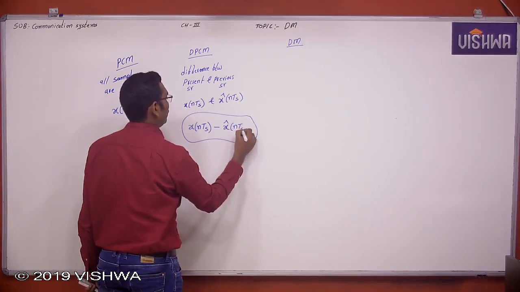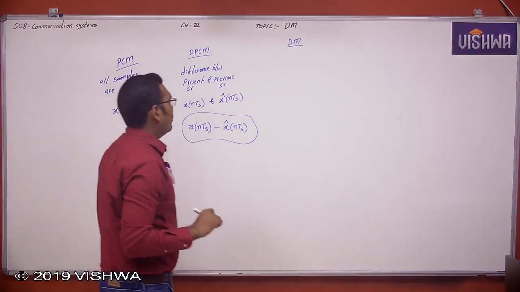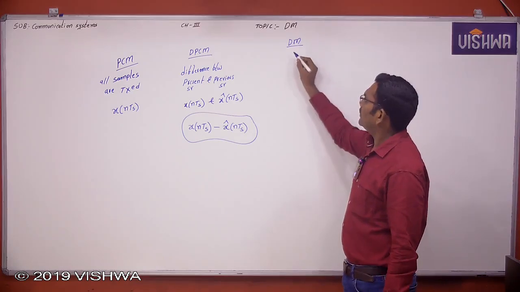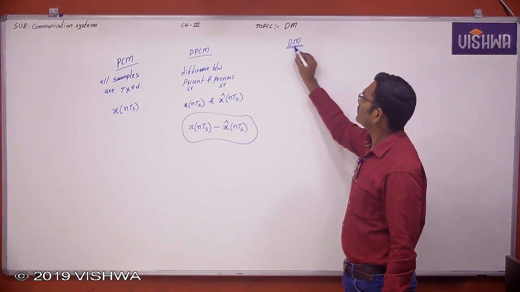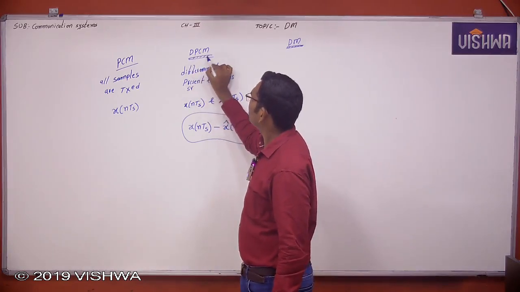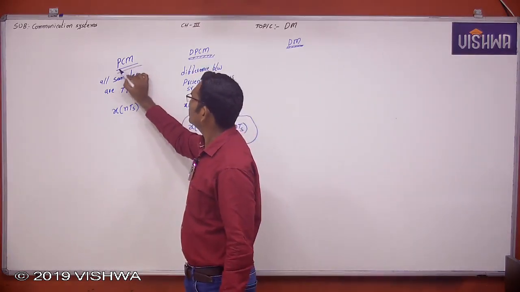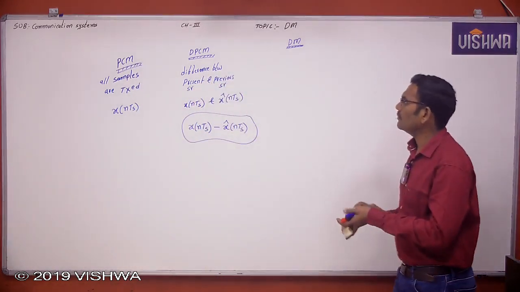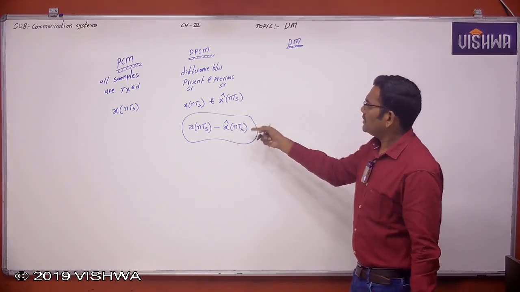This difference is going for quantization. Now the question is, in this delta modulation, this is the difference.